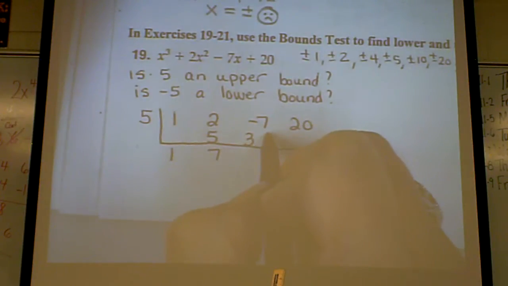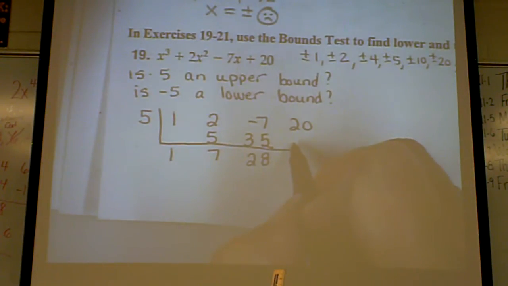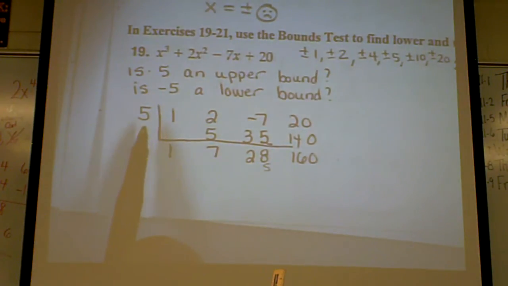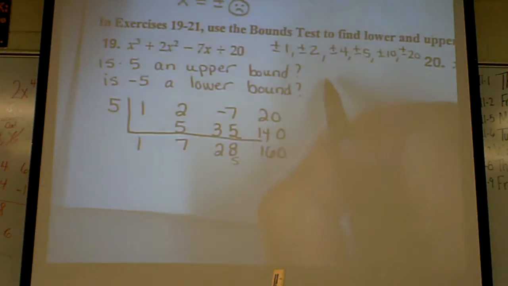That's going to be positive. 5, 40, 10, 140, 160. Okay, positive. So my question was, is 5 an upper bound? Yes, you would say yes.